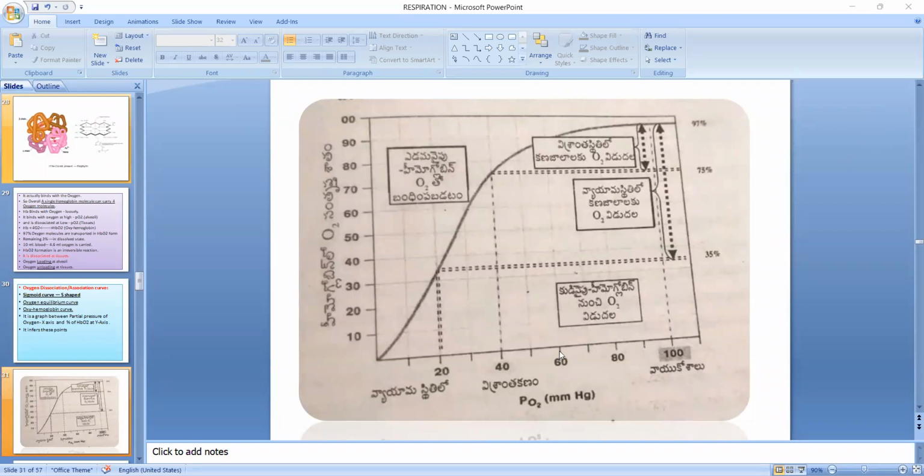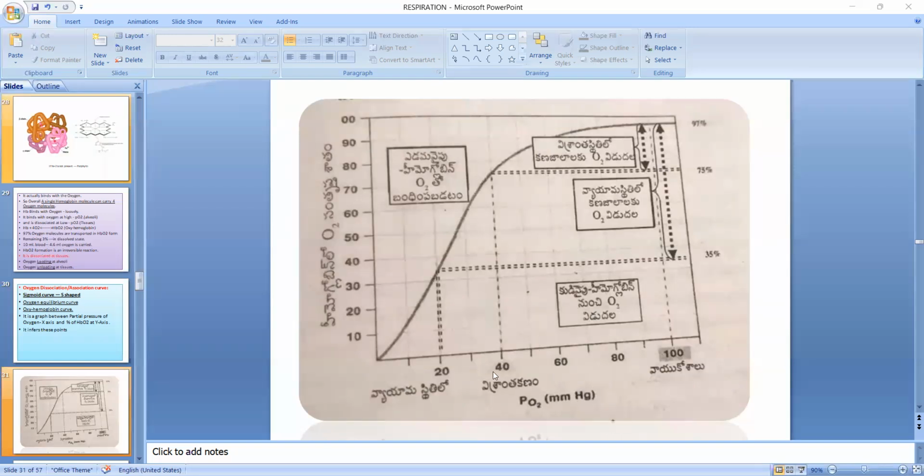Look once more: at 100 mmHg PO2 there is 97% saturation of HbO2. At 60 mmHg it is almost 87. What does it mean? While going towards the tissues, as the oxygen partial pressure is less there, this 97% HbO2 is reduced to almost 85. That means 12% of the oxygen is dissociated from the Hb.